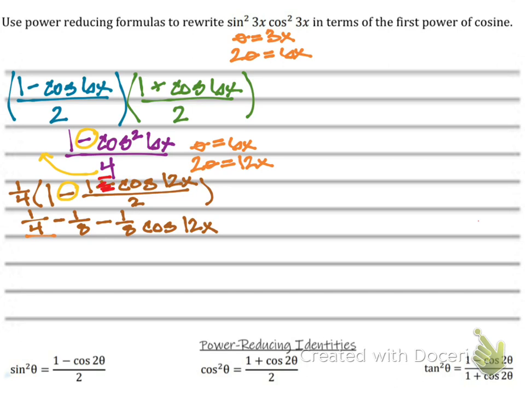And then we have a 1/4 minus 1/8 here. So that's 2/8 minus 1/8. So this one is 1/8 minus 1/8 the cosine of 12x. So that's the first one we've seen that just has 2 terms, right? The other ones had more.